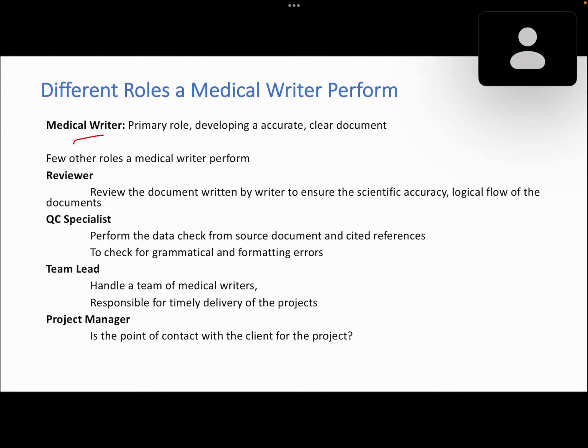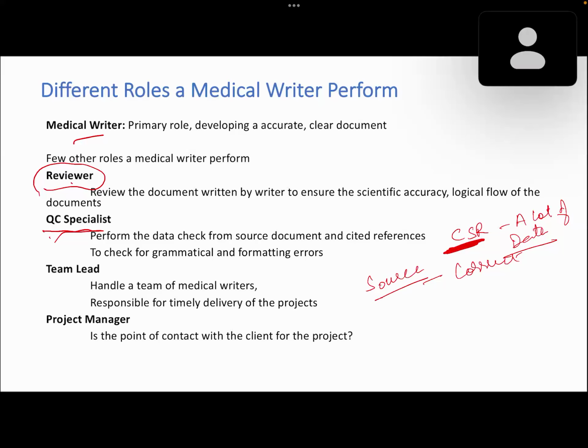And other roles, reviewer. Now a reviewer is not the same as a QC specialist. Suppose you have worked on a CSR. Now the CSR will have a lot of data. The QC reviewer will check that throughout the CSR the data is correct with respect to the source document.